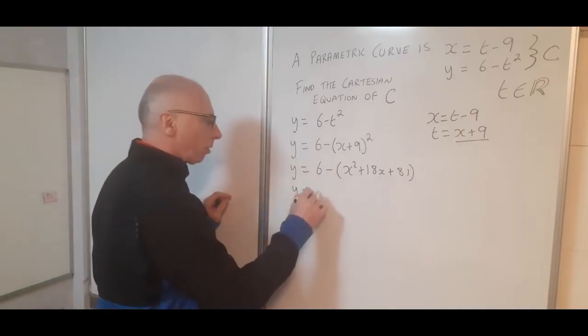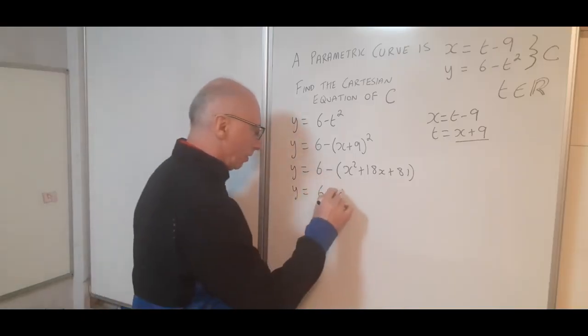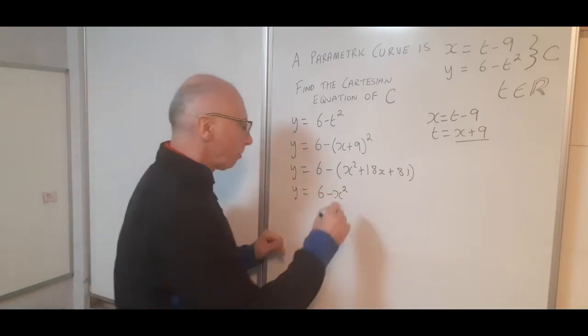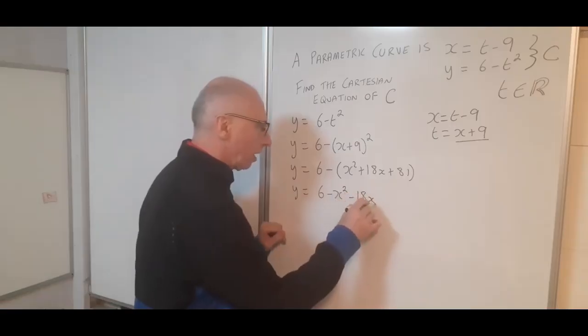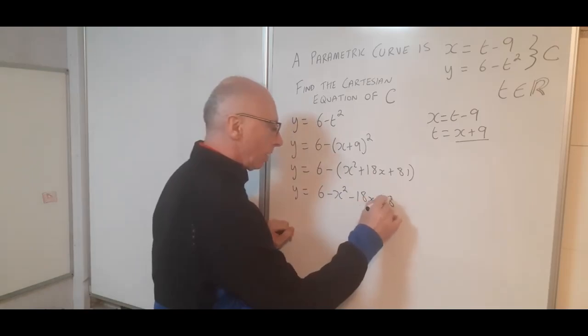So now y equals 6 minus x squared, minus plus 18x, that gives me minus 18x, and then minus plus 81, which is minus 81.